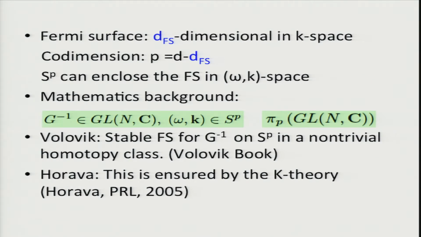Mathematically, it's described by some homotopy group. Then it's described as having a Z type. Normally it is for pi_p with p equal to 0, 1, 2, 3, just like the integer quantum Hall effect. Then how do we calculate this homotopy number?